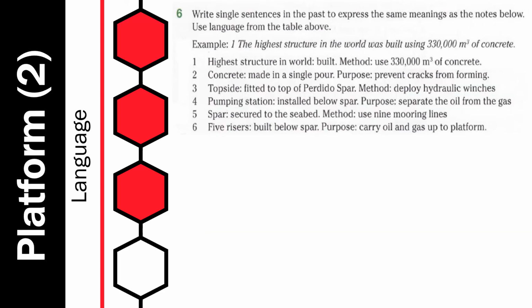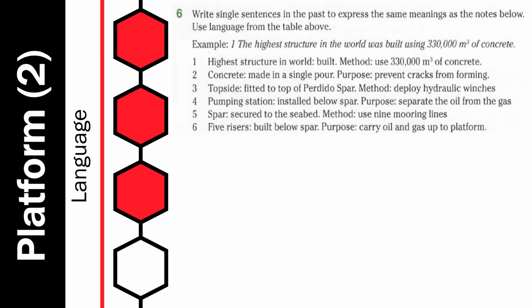Now, dear students, please move to exercise number 6 in the same page. What you have to do is to write single sentences in the past to express the same meanings as the notes below. Use language from the table above. Now, example number 1, the sentence given is: highest structure in world, built, method, used 330,000 meters of concrete.